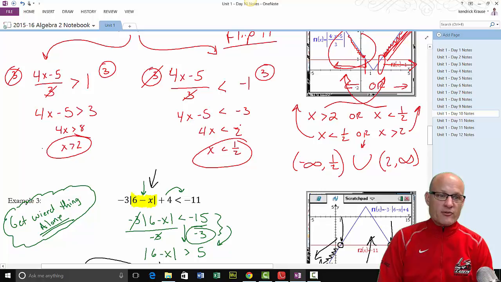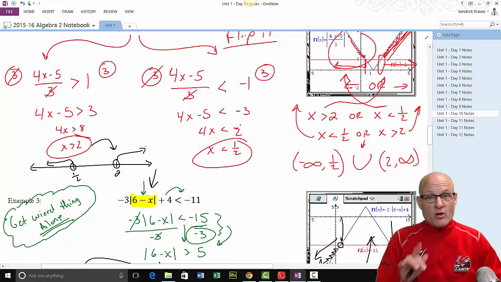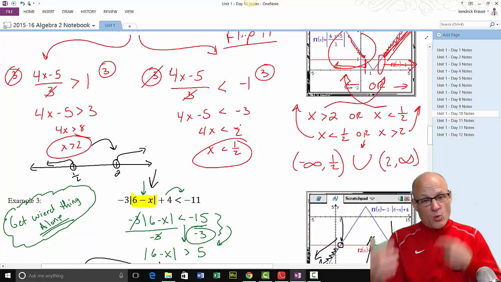Like this, if I was to draw this one on a number line, if you don't use your graphing calculator, how are you going to know if it's an or an and if you don't put it on a number line? Here's 1/2, and we said less than, so that would be an open circle, less than. And here's 2, and this says greater than. That goes off, and whenever you go off in either direction, that's an or.